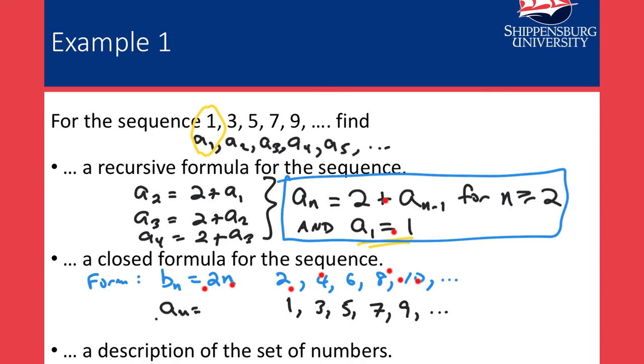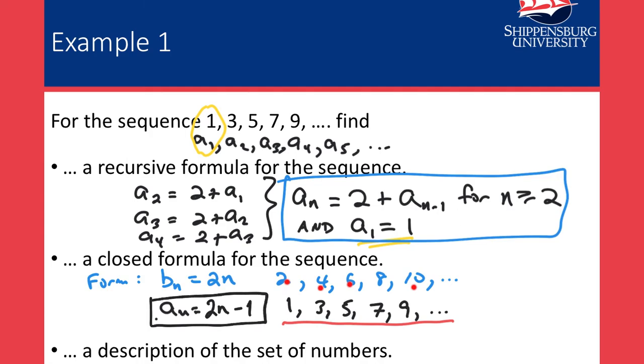So if I compare these two, I can see that the bottom numbers are 1 less than the top numbers. 1 is 1 less, 1 less, 1 less, 1 less, 1 less. And so that means my formula should be the formula for the top thing minus 1. So I can just compare the sequences and then adjust the formula for the one that I know the formula for.